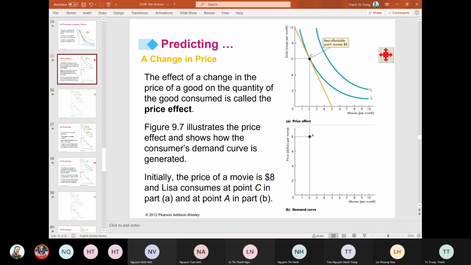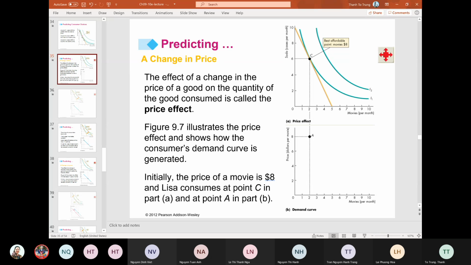So very simple, right? Now what we do is to connect the optimal consumption combination we just studied in the indifference curve and budget line framework with the demand curve. And later on, we distinguish or separate effects on the consumption of consumers.